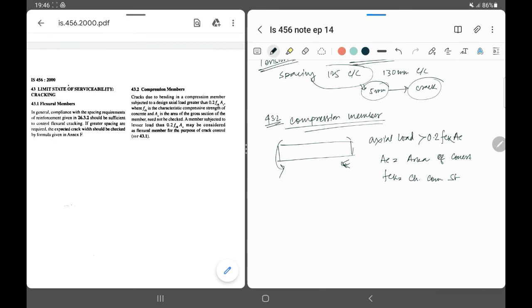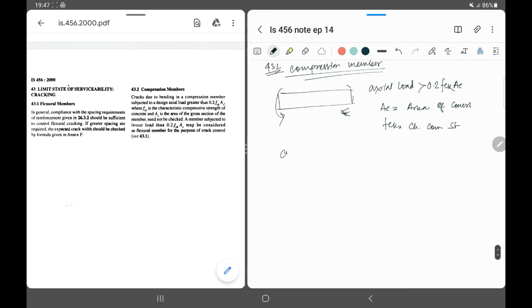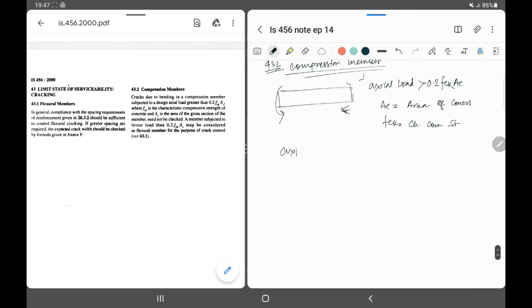A member subjected to lesser load: this is case 1, this is case 2. Then if the axial load is less than 0.2 FCK AC, then what happens? It may be considered as a flexure member.